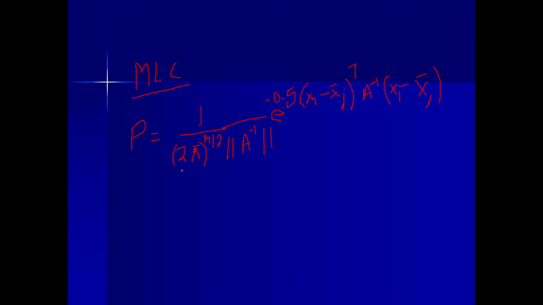The variables: this is 2 pi, n is the number of bands, A inverse is a weight matrix, it has 3 norms. It can be unit matrix, it can be variance covariance matrix, and it can be diagonal variance covariance matrix. Xi is the input pixel, xj bar is the mean of the class.